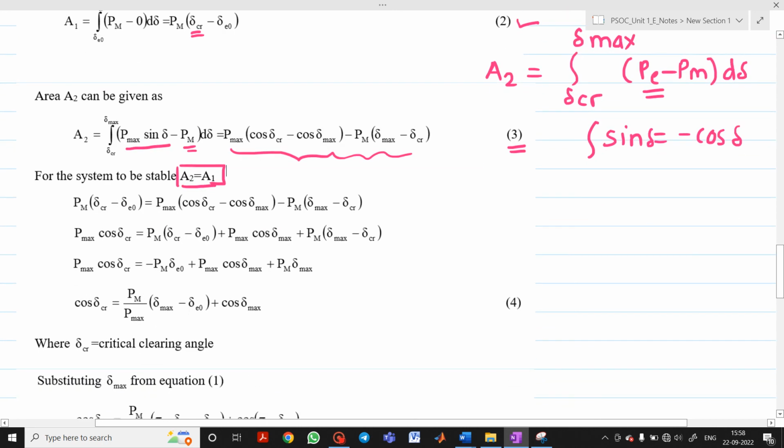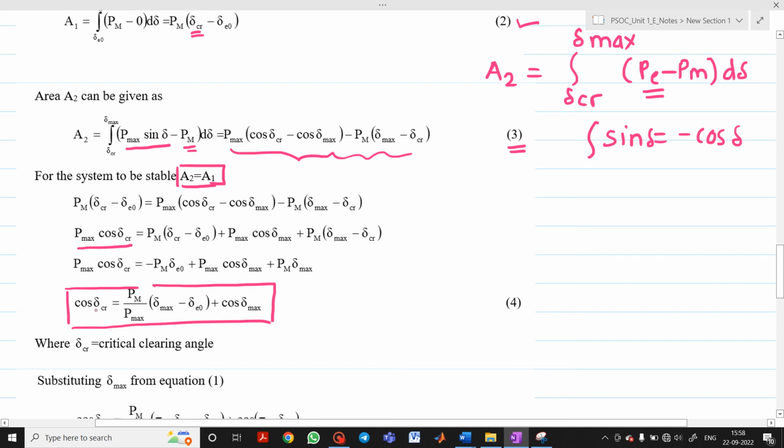Now I will rearrange the equation in such a way that we have P max cos delta CR on the left hand side and the rest of the terms on the right hand side. After rearranging, if you write the formula for cos delta CR, you will get this formula. Here I have written all the steps. You can read it and understand it.